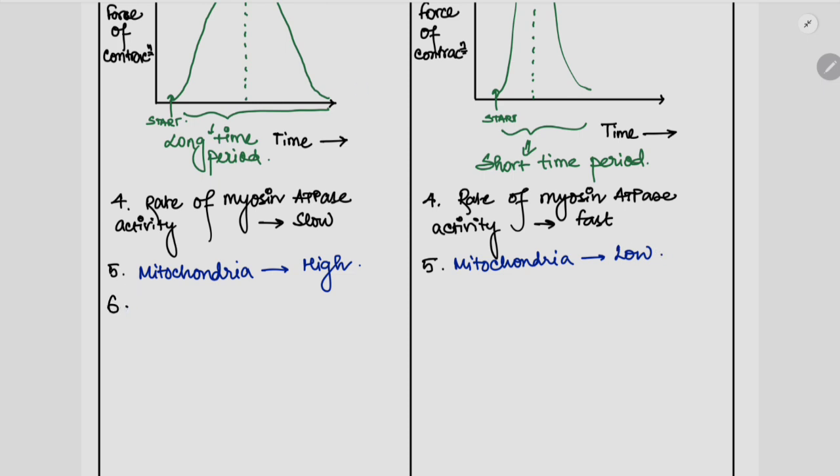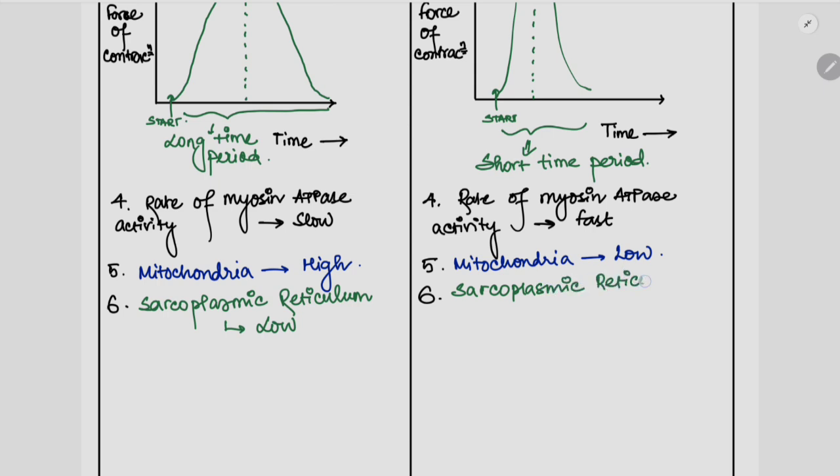Next, sarcoplasmic reticulum. It is very low in number in type 1, and in type 2 muscle fibers, sarcoplasmic reticulum is very high in number.